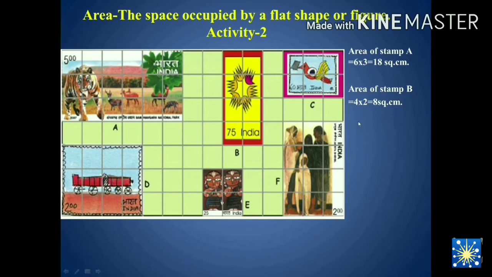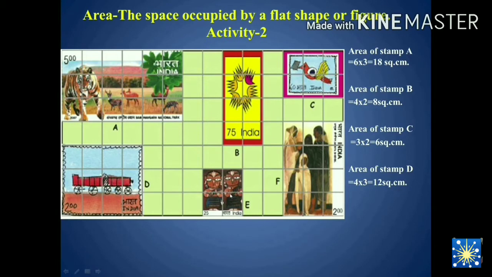So area of stamp C equal to 3 multiplied by 2 equal to 6 square centimeter. Now stamp D, count the squares 1, 2, 3, 4. Then 1, 2, 3. So area of stamp D equal to 4 multiplied by 3 equal to 12 square centimeter.